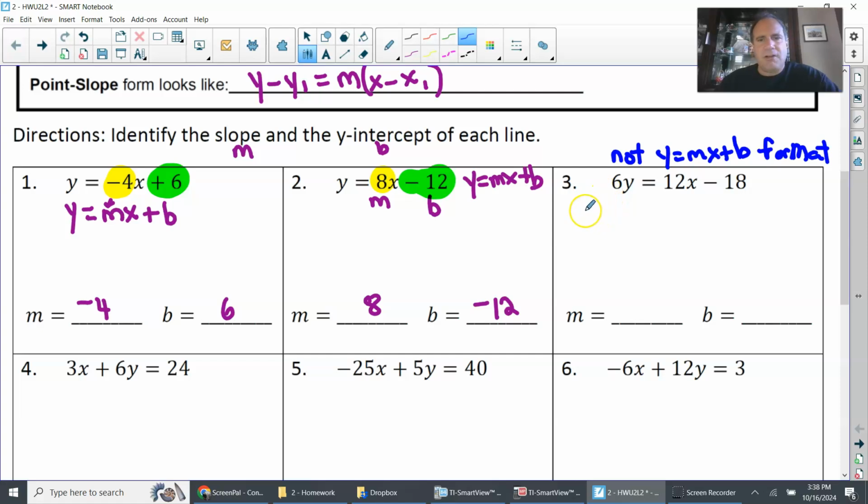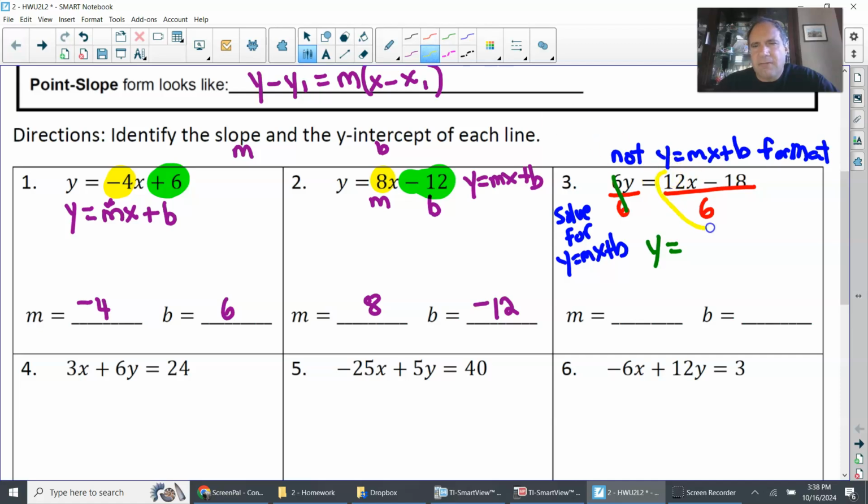So you must solve for y equals mx plus b. One way to solve this for y is to divide by 6. Once you divide by 6, the 6's cancel, and look what happens. The y comes down, that's what you wanted.